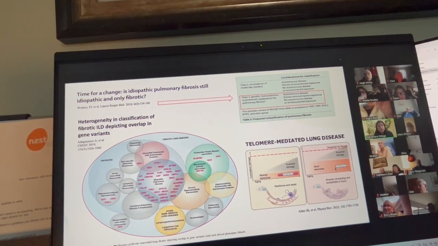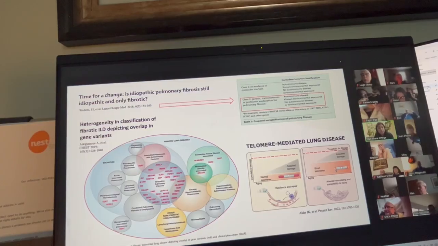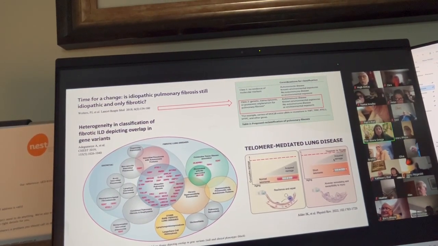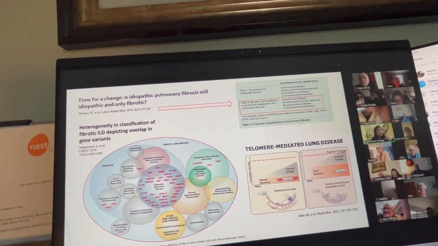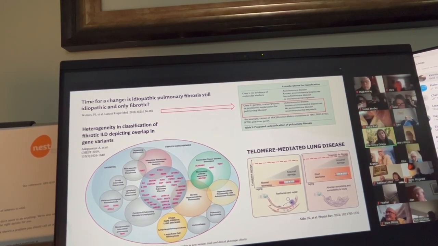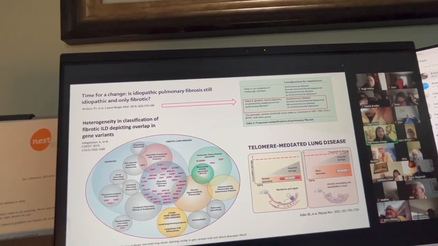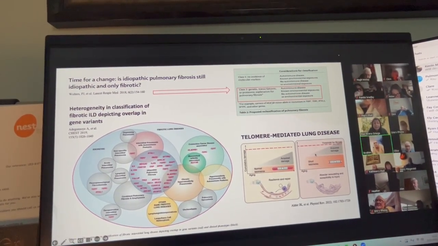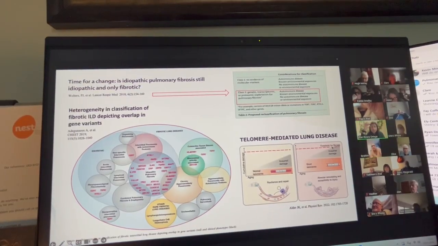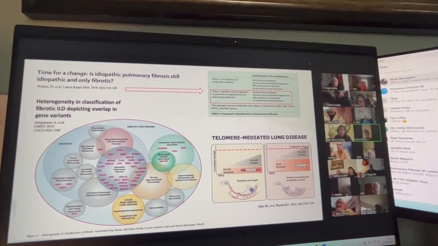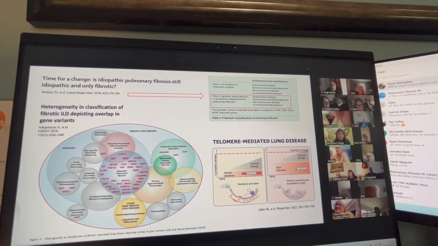If we inherited short telomeres when we were born, then across our life we can have environmental factors, maybe exposure to tobacco, fumes, chemicals, air pollution, and so on. And then we will reach a threshold that will be the trigger to develop a disease.